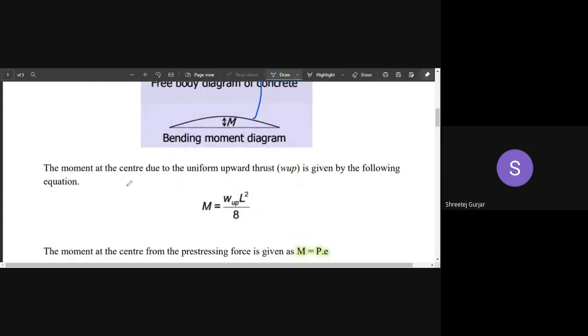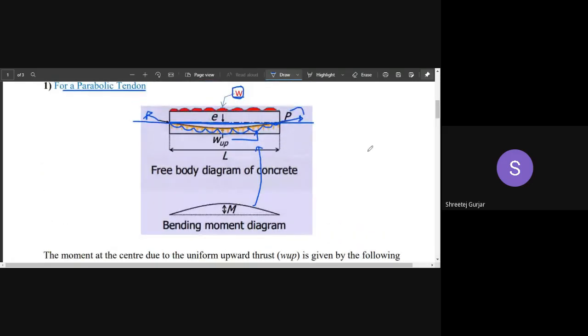The moment at the center due to uniform upward thrust WUP is given by the equation, right? This is a UDL, and whenever we have a UDL acting on a simply supported beam, the bending moment generated is WL squared by 8.